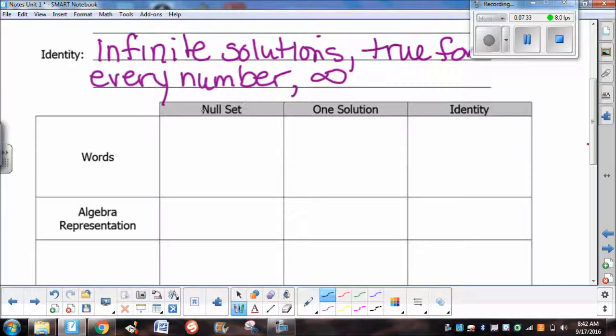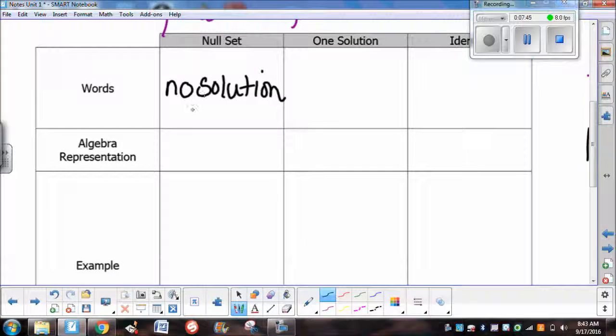Okay, so the words for the null set that I will probably use most often is no solution. An algebra representation of that, we end up with something that's false. The left side does not equal the right side. One solution, okay, there's really no other terms for that other than one solution.